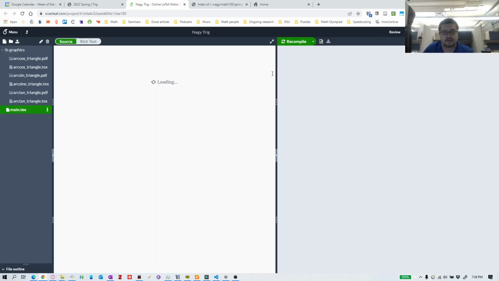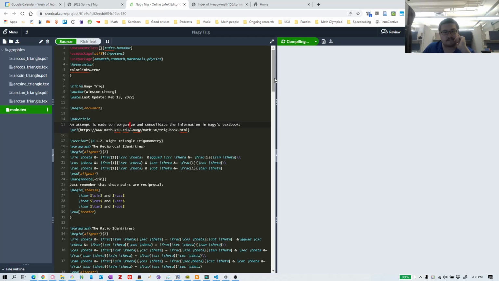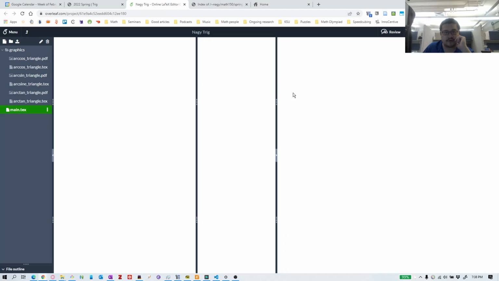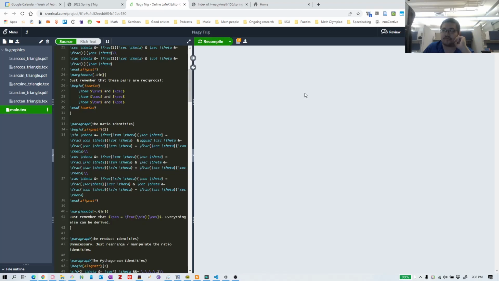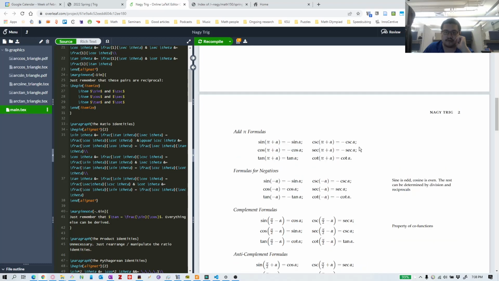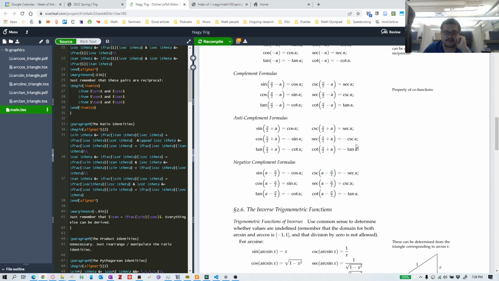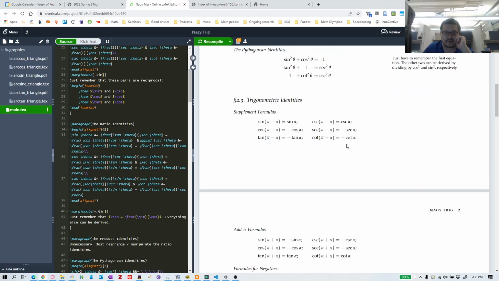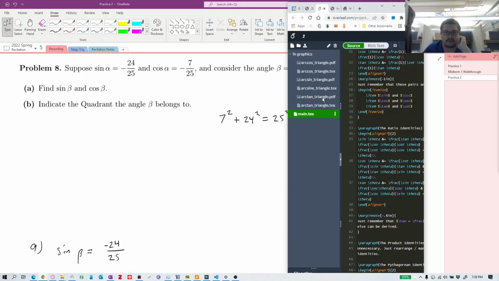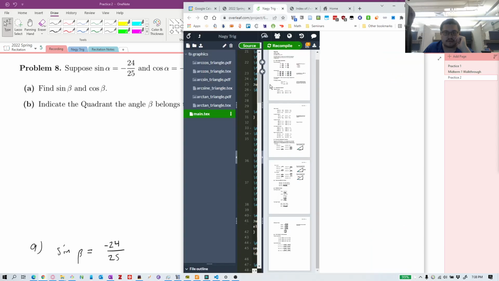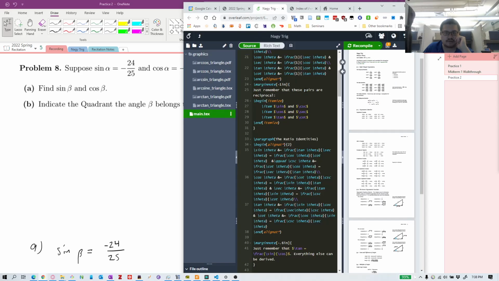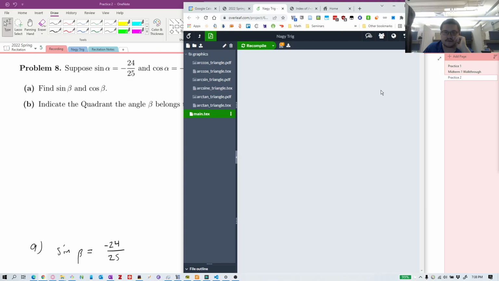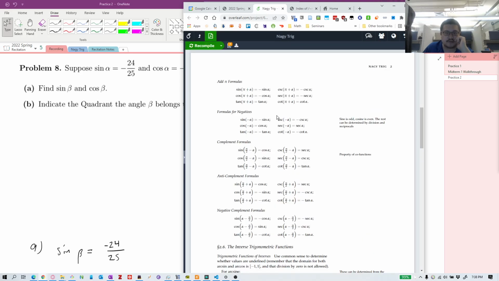Once this loads up, the formulas that would correspond to this problem are the pi minus formulas. I've written them somewhere here. Full screen, and hide this.